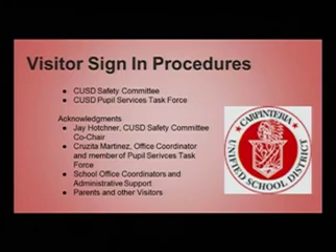I also want to acknowledge a few people that have helped make this initiative happen. One being Jay Hotchner, our CUSD Safety Committee co-chair, who's really championed this initiative and done a lot of the behind-the-scenes work to make this happen. And speaking of the behind-the-scenes work, Crucita Martinez, the office coordinator at Rincon and Foothill High Schools, created the template after a lot of work.